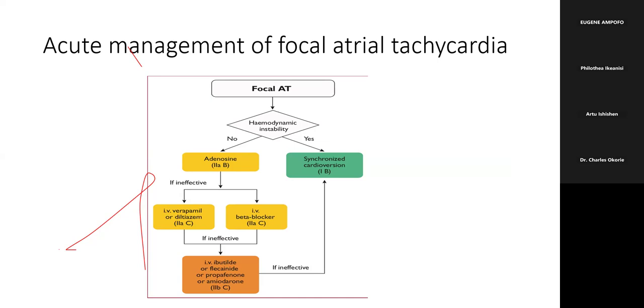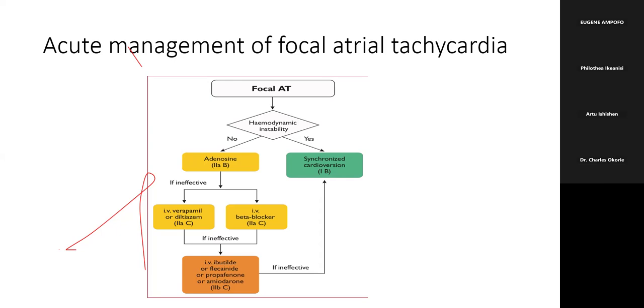Then, if the patient is stable, we'll give adenosine, which is an AV nodal blocker. If the adenosine is ineffective, we'll move down to verapamil and then the beta blocker.